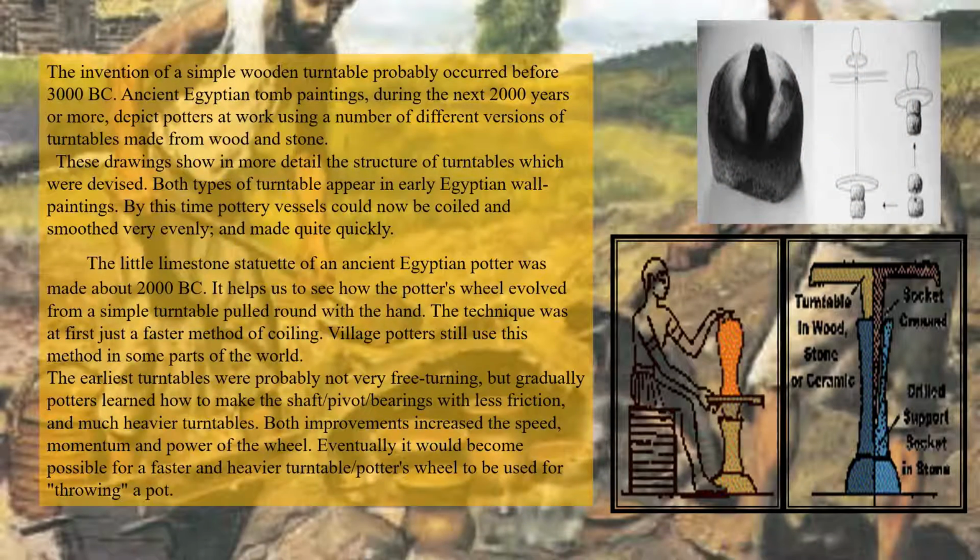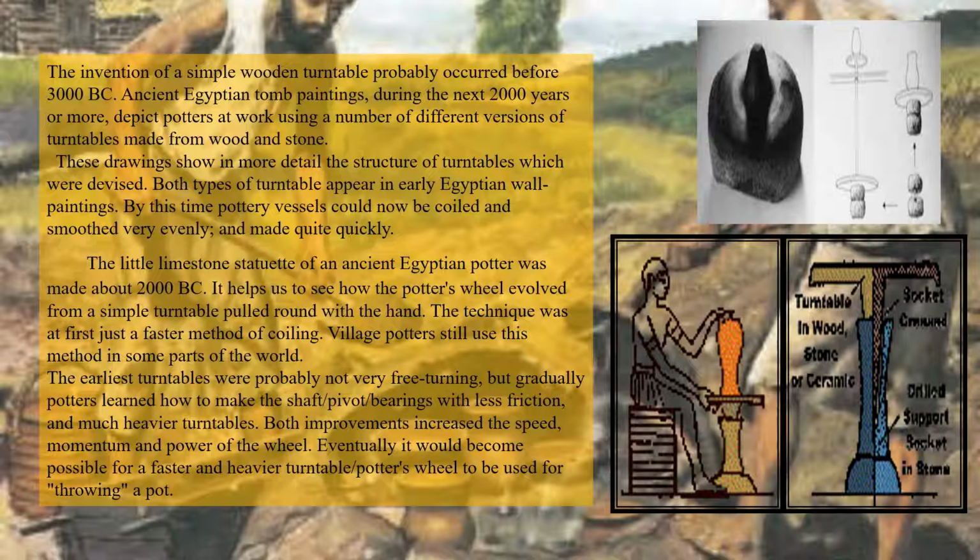Student, let's learn more about the rotating plank. The invention of a simple wooden turntable probably occurred before 3000 BC. Ancient Egyptian tomb paintings during the next 2000 years or more depict potters at work using a number of different versions of turntables made from wood and stone.